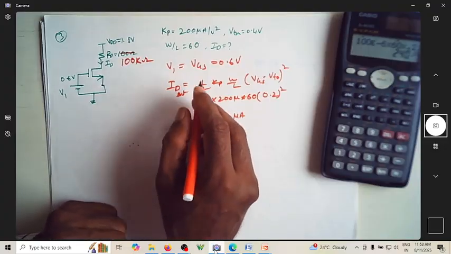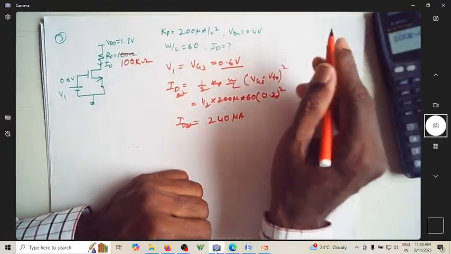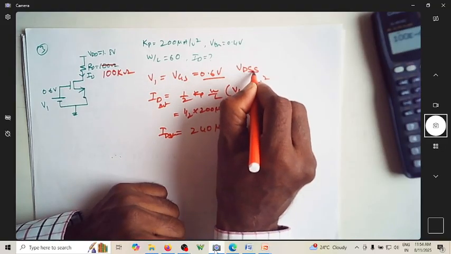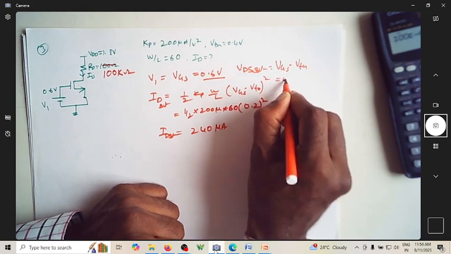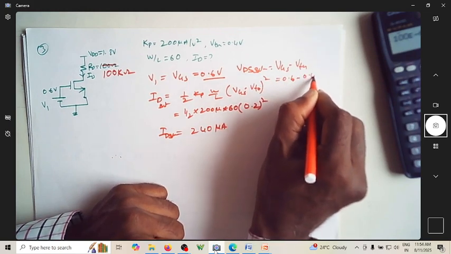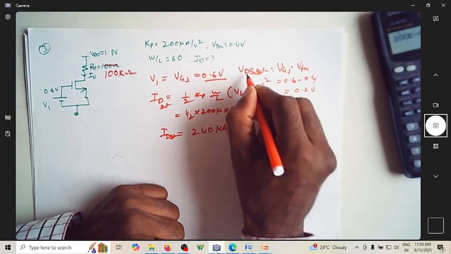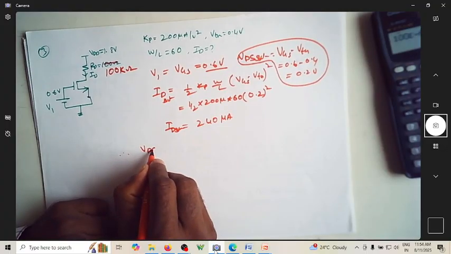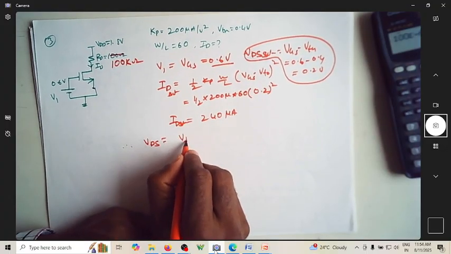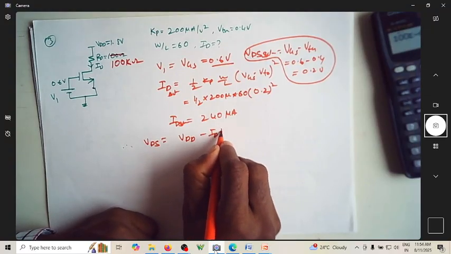So therefore, with this VGS, how much is VDS sat? VDS sat is nothing but VGS minus VTH, which happens to be 0.6 minus 0.4, which is 0.2 volt. So this is VDS sat. So let me find what is VDS, which is nothing but VDD minus ID into RD.